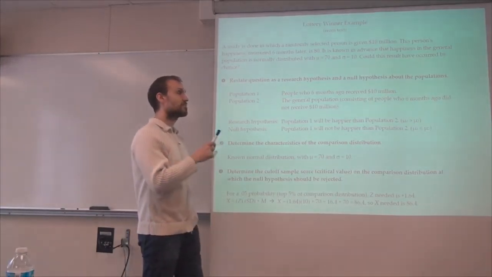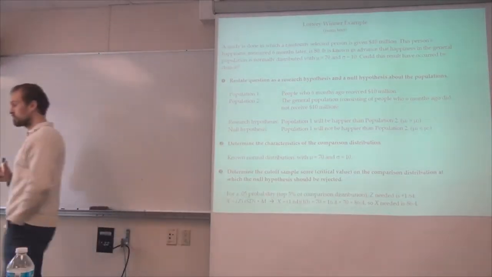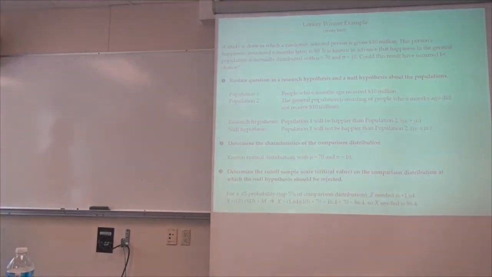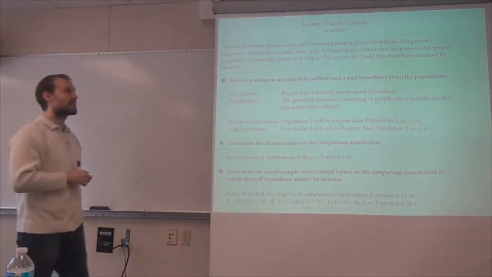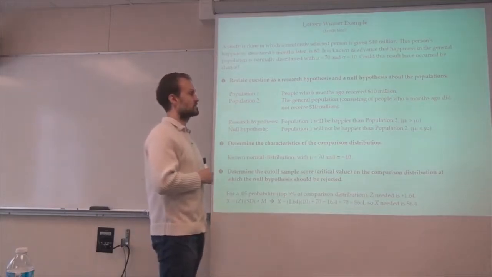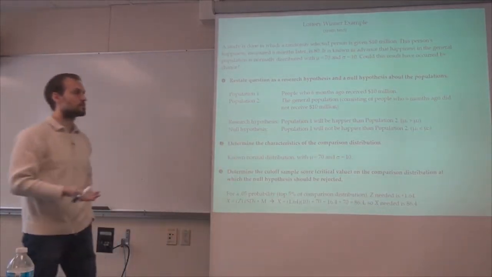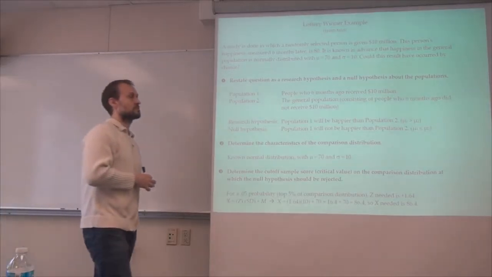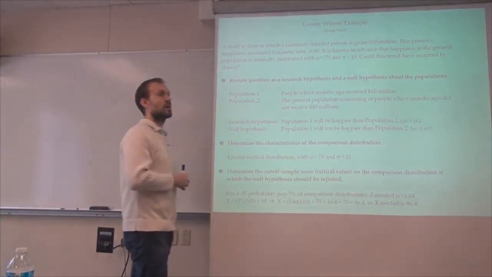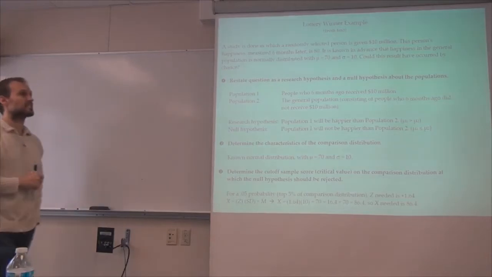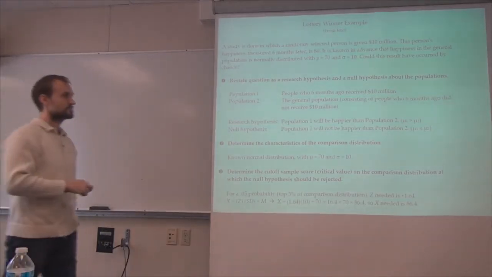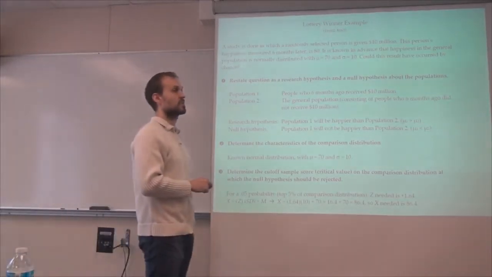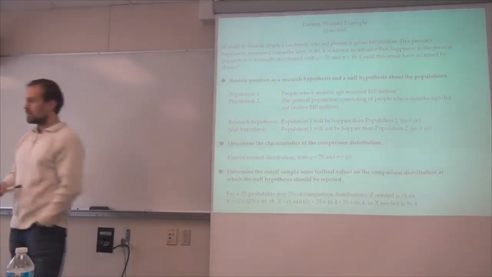So I'm hoping that the average happiness score of people that receive $10 million is higher than the population average. The null hypothesis is the opposite: that people that receive the $10 million are not significantly happier. On average, it's not really more.